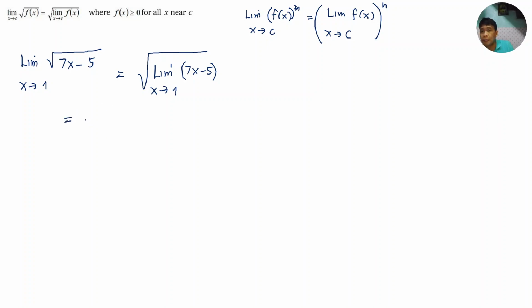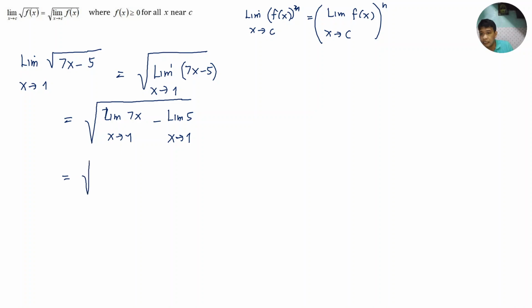Which can be simplified to the square root of the limit of 7x minus 5, or the limit of the first term as x approaches 1 minus the limit of 5 as x approaches 1.